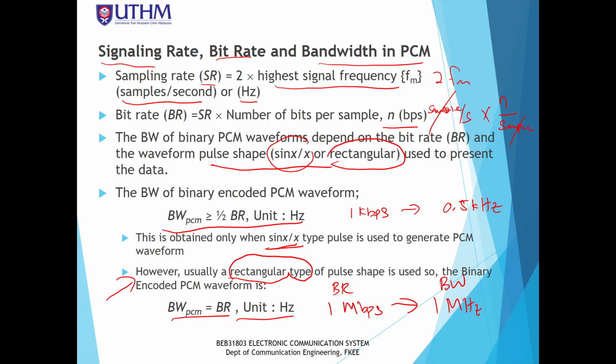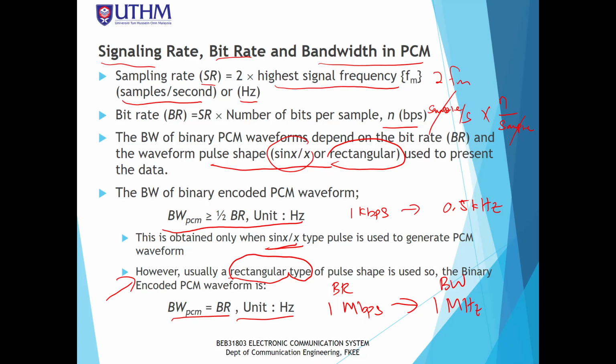This is the minimum sampling rate according to the Nyquist theorem. The sampling rate defines how many samples we should take within 1 second.